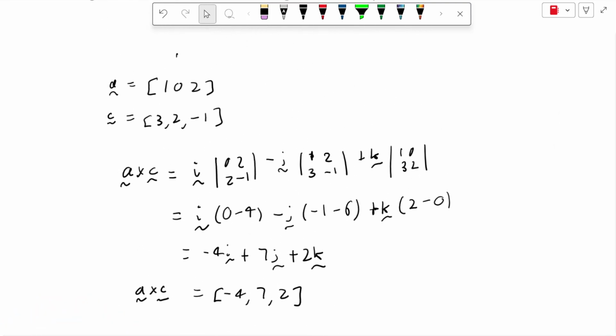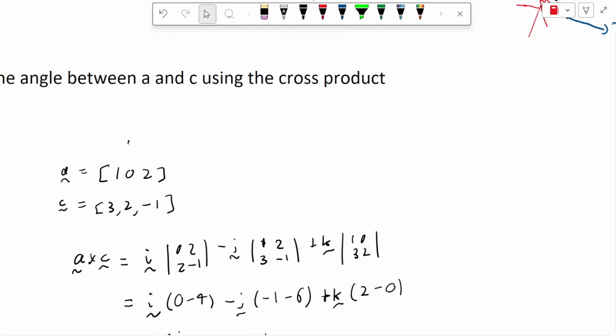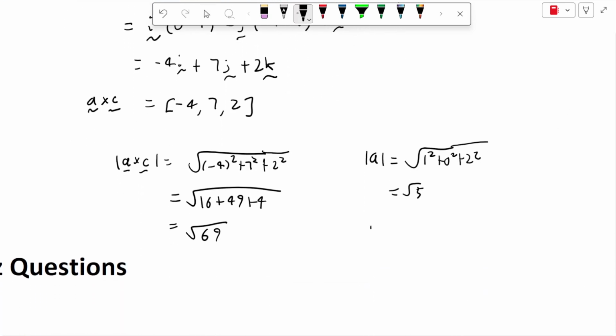Mod A we need as well. So that's (1, 0, 2), so that's root 5. And mod C, (3, 2, -1): 9 plus 4 is 13, plus 1 is 14.